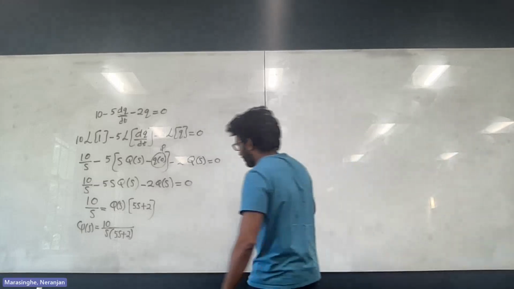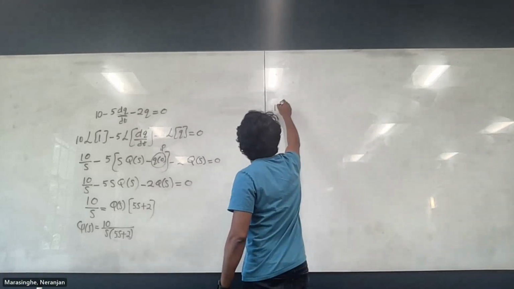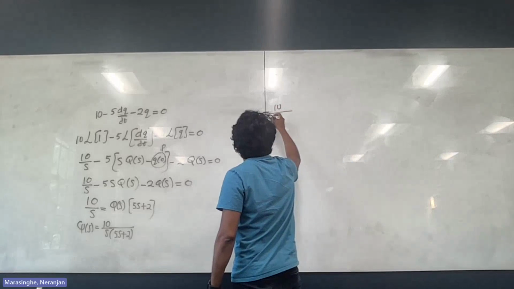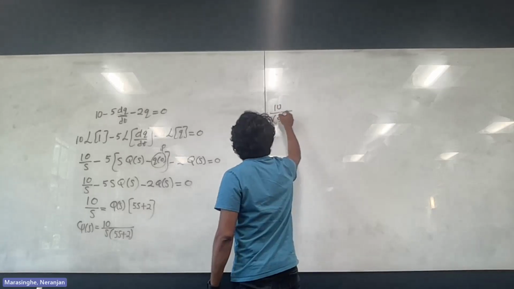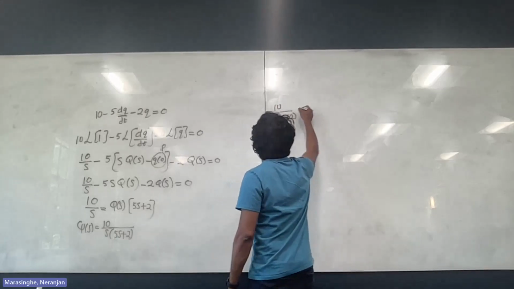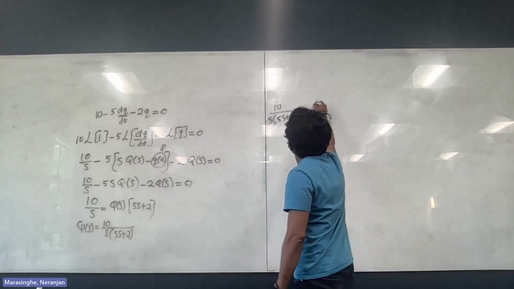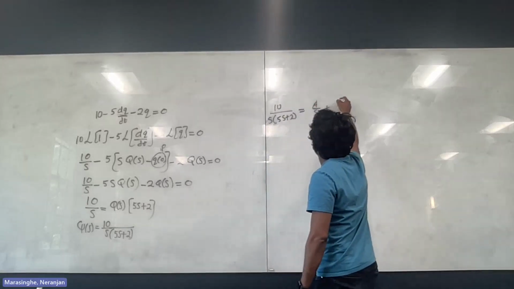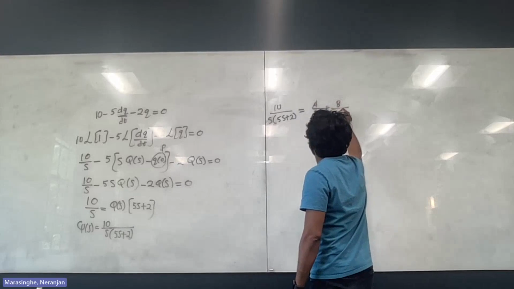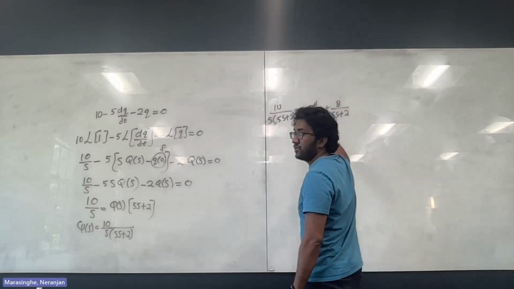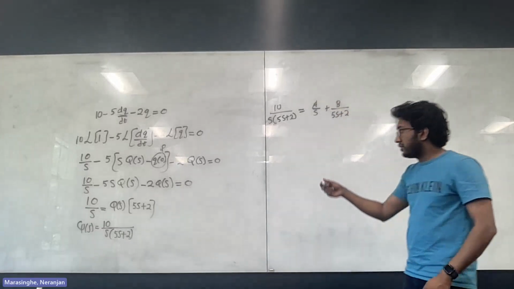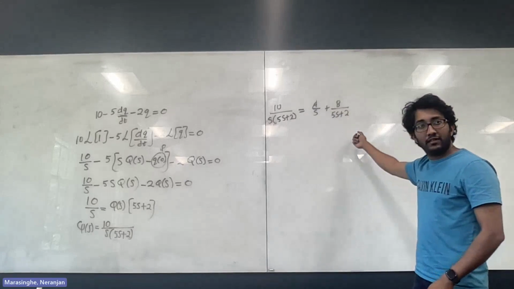So we'll try to find the partial fractions. 10 divided by s times (5s plus 2) is equal to A divided by s plus B divided by (5s plus 2), because I have two linear factors. So I can decompose this rational function in this way.